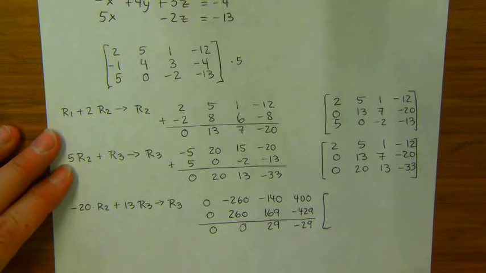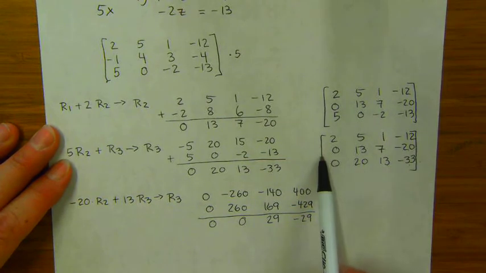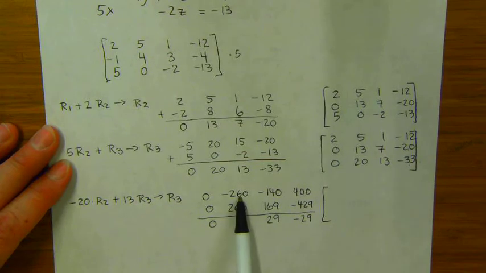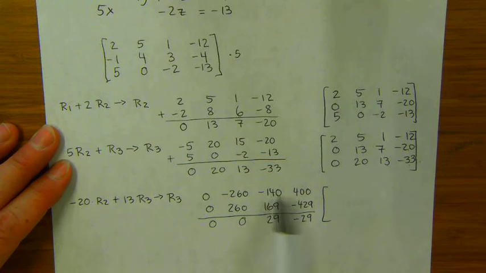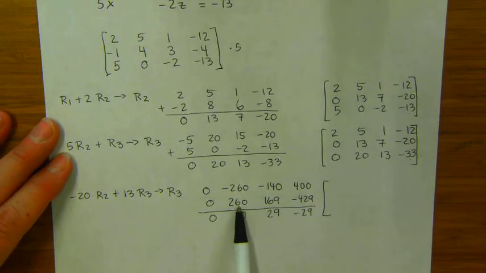I just realized I went off the page over here, so let's go through this again. My row 2 times negative 20: the 13 becomes a negative 260, the 7 becomes a negative 140, and the negative 20 becomes a positive 400. Row 3 times 13 is a 260 here, a 169 over here, and then the last value is a negative 429.